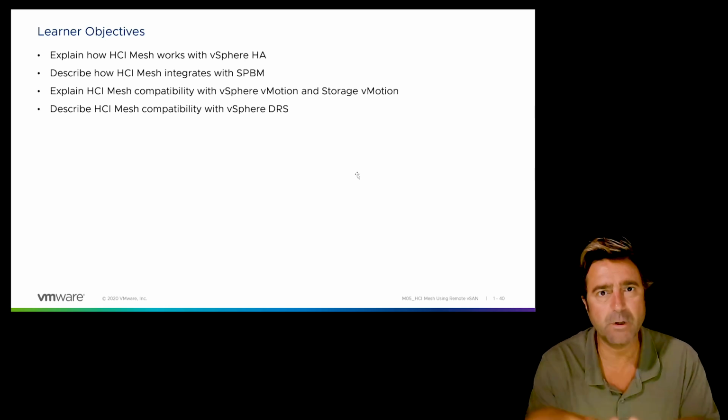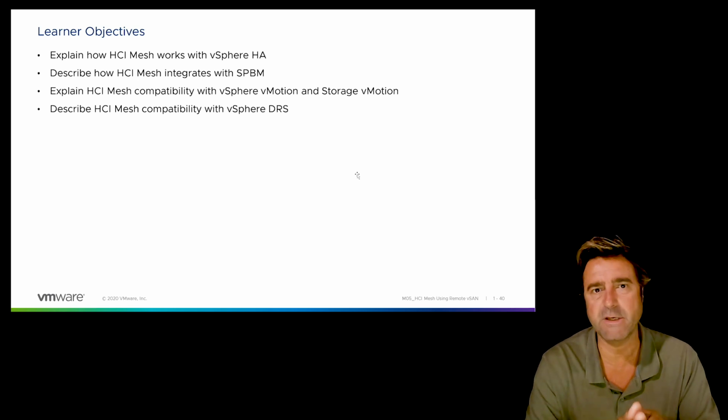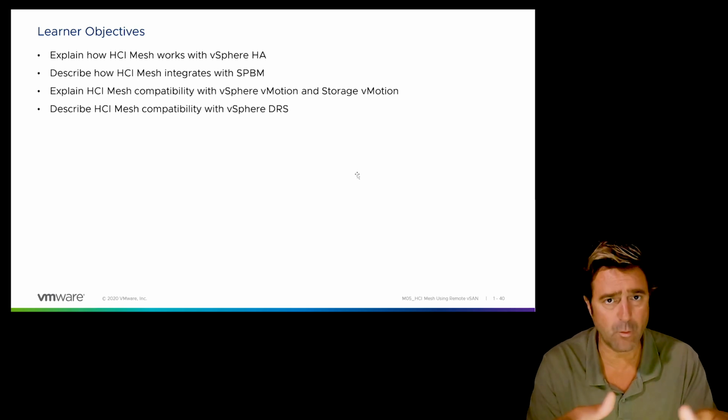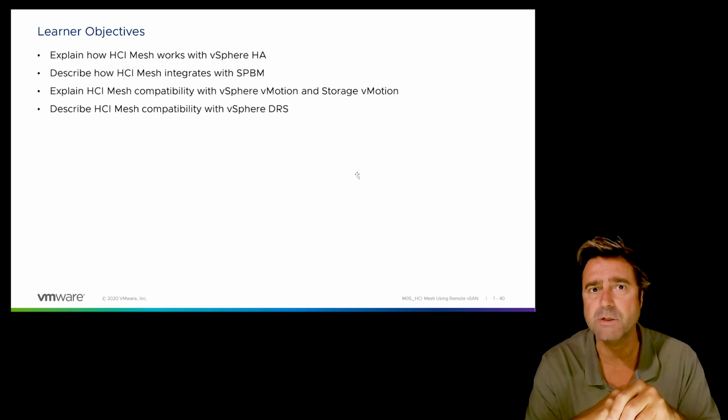Over the next few minutes, what I want to do is explain the relationship between HCI Mesh and HA. I want to do the same thing when it comes to HCI Mesh or Remote vSAN and SPBM. I'm talking about virtual machine storage policies.